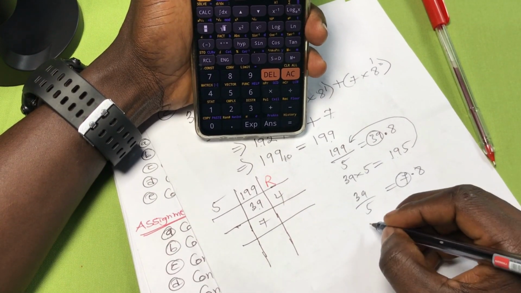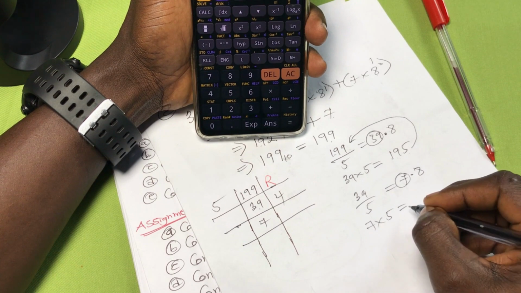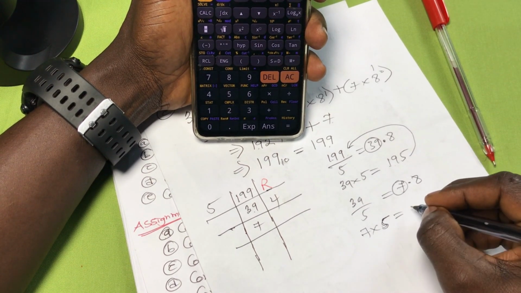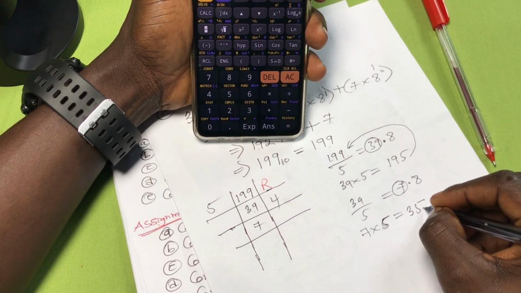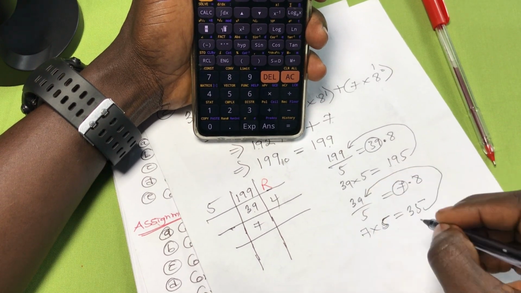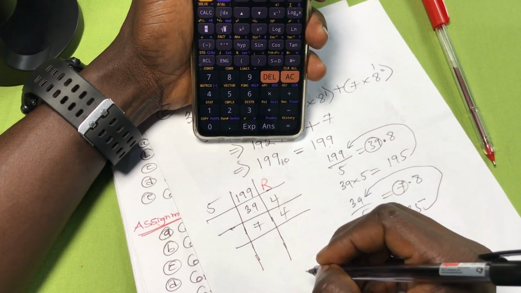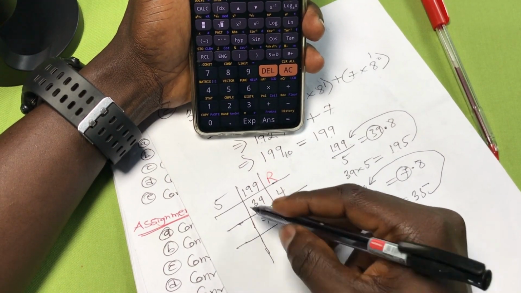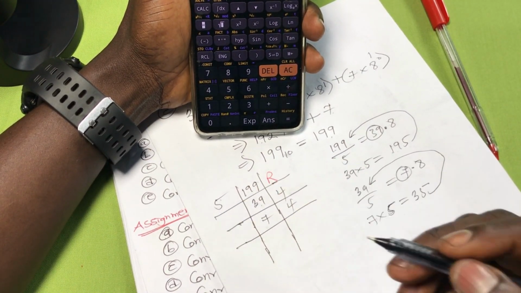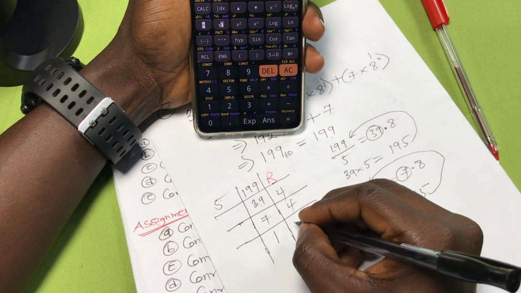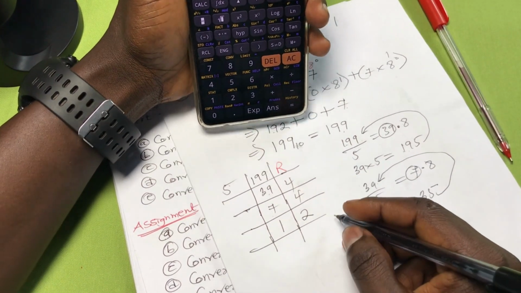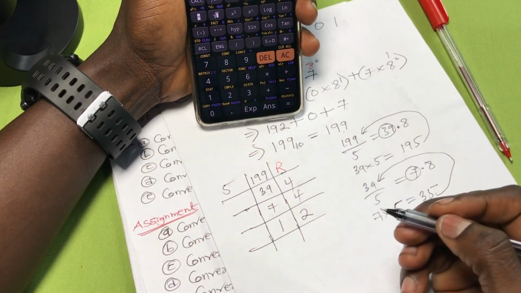Remember, when you multiply 7 by 5, you are going to get 35. You now subtract the result from 39. So 39 minus 35 is 4. We'll repeat again because 7 is bigger than 5. 5 will go into 7, 1, remainder 2. Finally, 5 will go into 1, it cannot be.